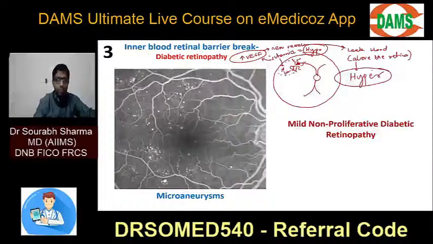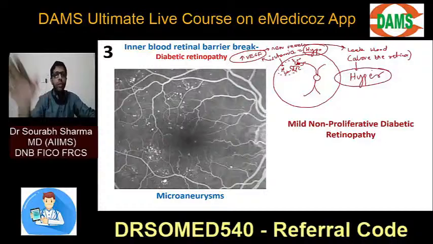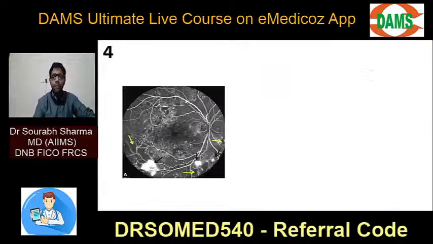I'll show you a picture. It forms new vessels which will be hyperfluorescent, like you see in this picture. This is the same picture which was asked in the AIIMS exam. Can you tell me which retina this is, right or left? Right, because the fovea is on the right side. What are these yellow areas marked? This is angiography. Yellow areas are hypo or hyper?